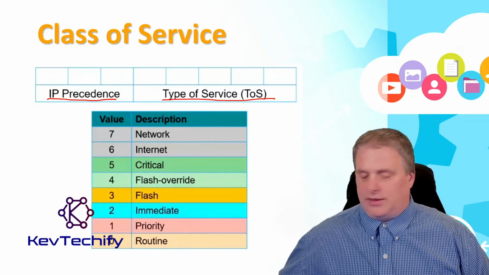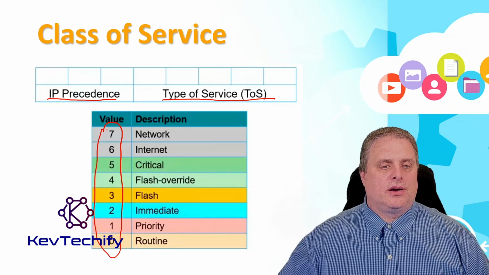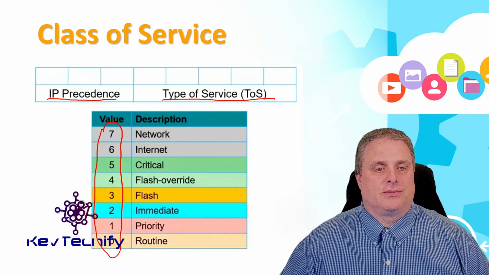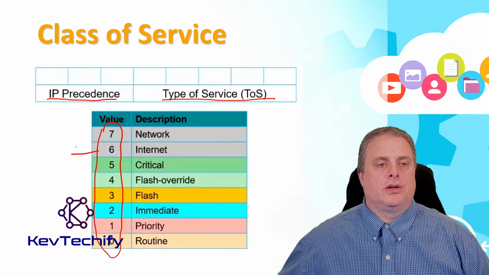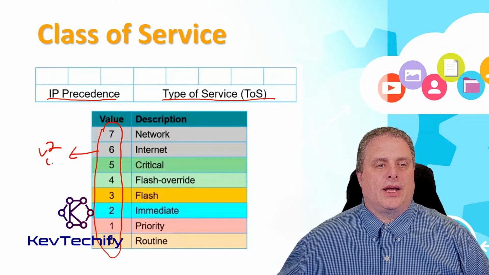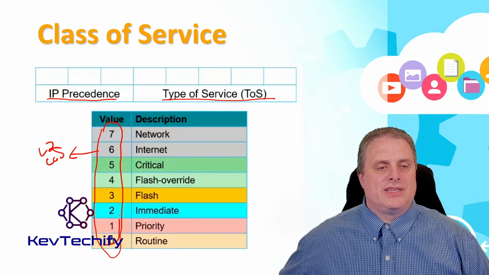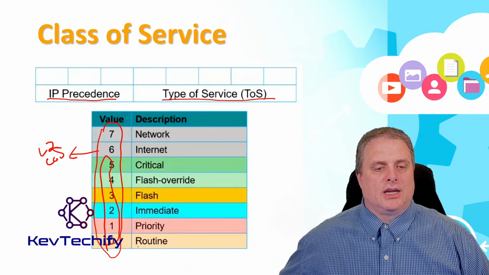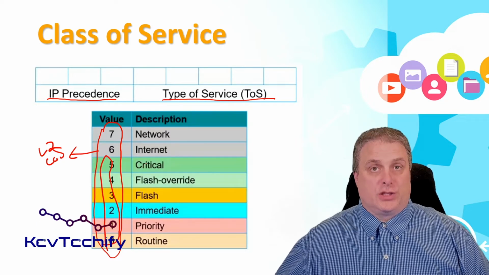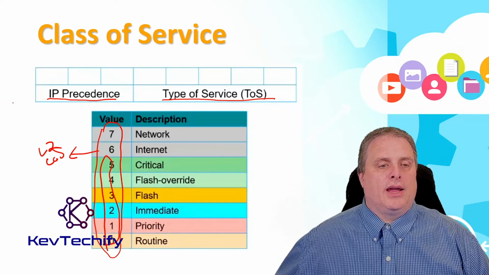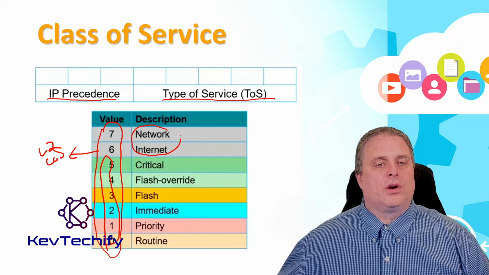You can see here that there are 8 levels, 0 through 7, of the different classifications, which maps to layer 2 class of service. Values 0 through 5, the first 6, give us the different levels of service you are looking for. And once again, 6 and 7, that is for our network control.